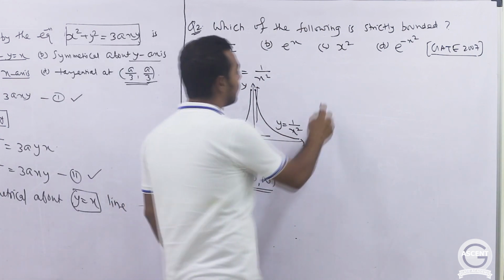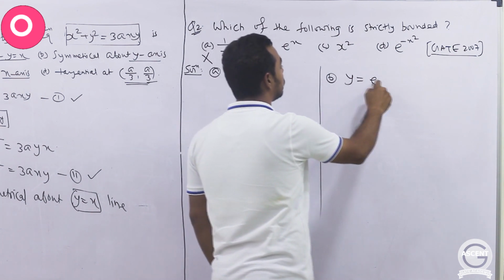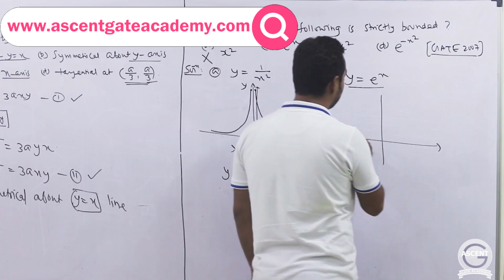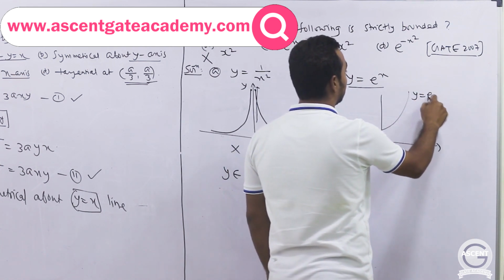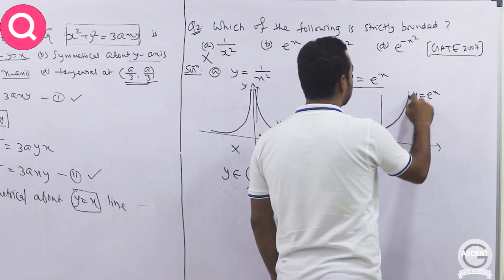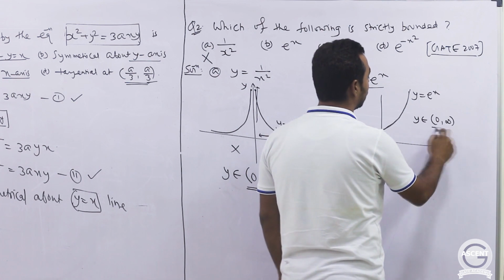This is an unbounded function. Option B is y equals e to the power x. If you see the graph of this function, which we have discussed earlier, this was our graph of y equals e to the power x. Again you can see that the range for y will be from 0 to infinity.